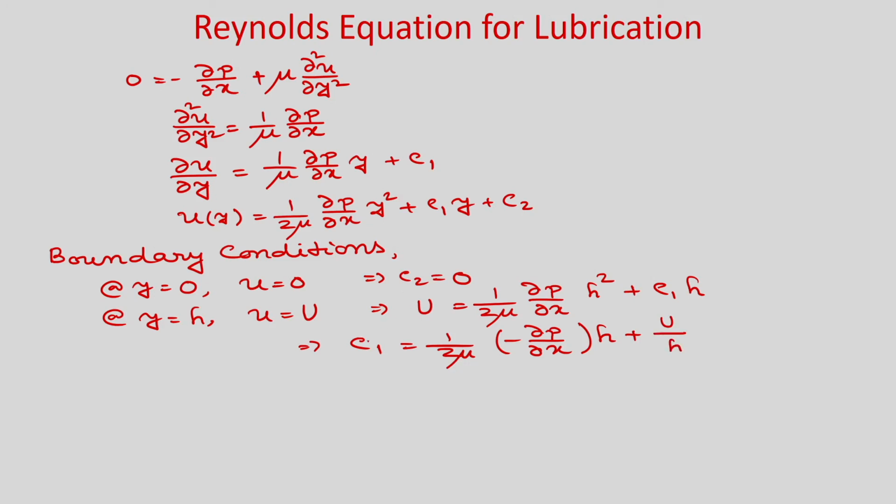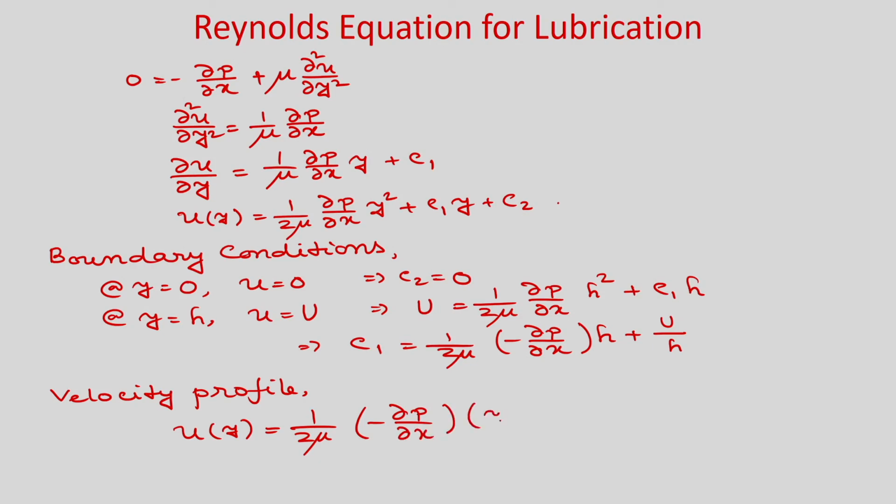If you put these constants C1 and C2 in this equation, we will get the velocity profile u of y is equal to 1 by twice mu minus del P by del x y h minus y square plus U y by h.